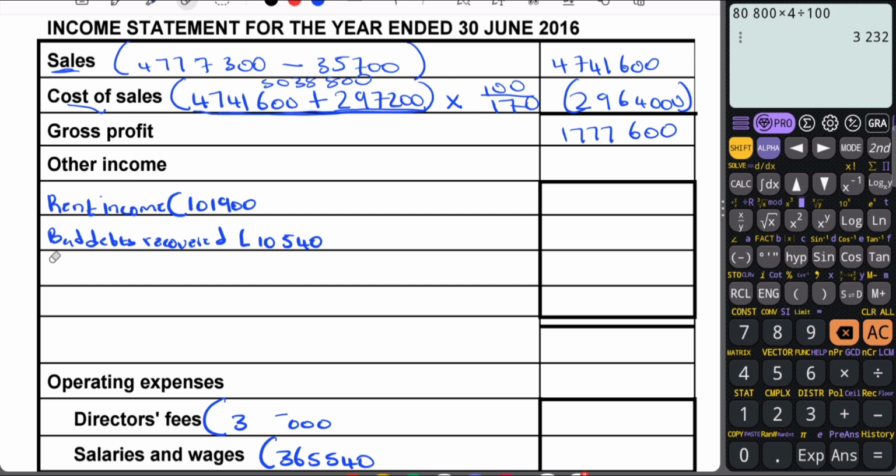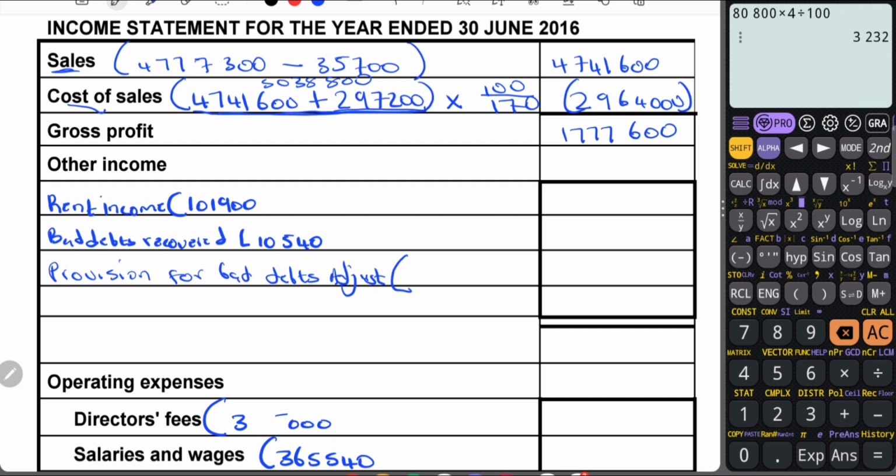Alright, now I'm having here guys, provision for bad debt. Here I'm gonna specify adjustments. Then you open your bracket.